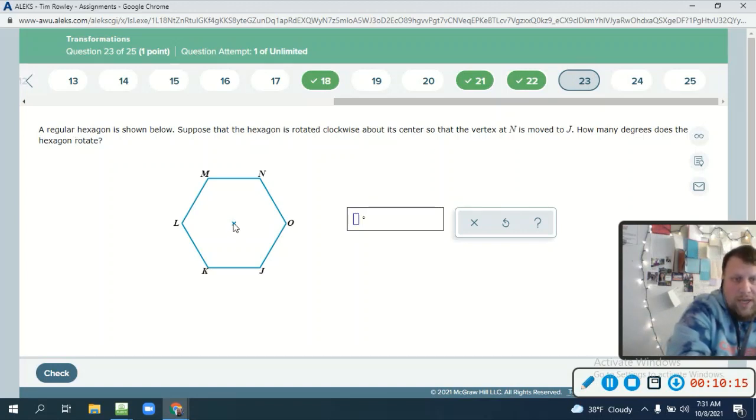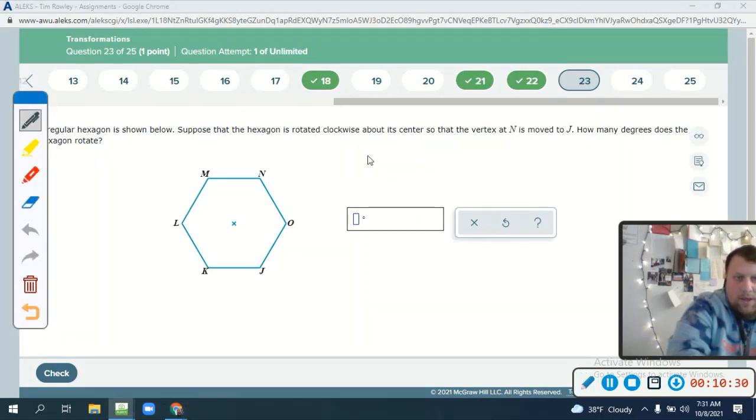So if we're rotating about its center, that'd be like me sticking something through the center and just rotating it around, right? Well, in this case, we got to do a couple things. Number one, it's a hexagon, so that means it's a six-sided figure, okay? So six-sided.